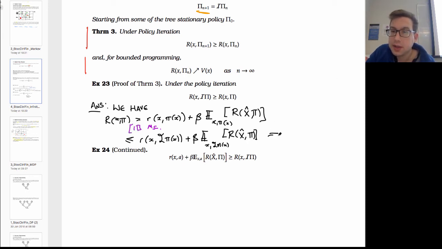And this implies, by exercise 13 of the Markov chains notes, that R x of pi, when I put R x of pi in here, has an inequality when I follow the policy I of pi, and must satisfy this.